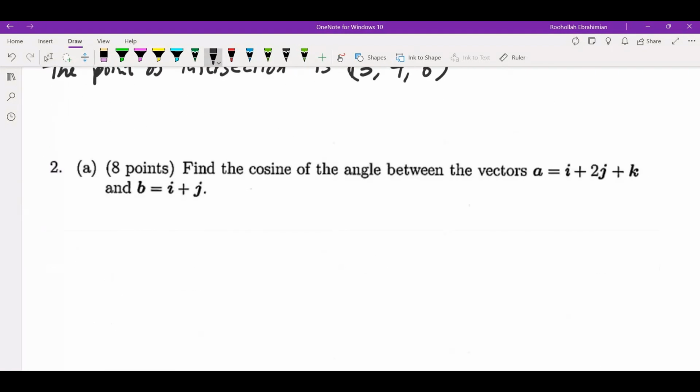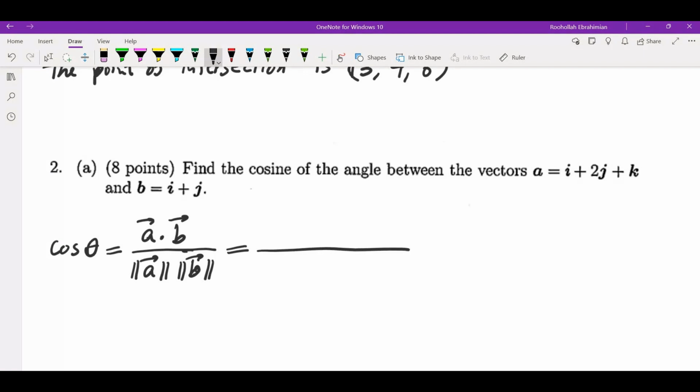Okay, so the next problem. Find the cosine of the angle between these two vectors. So the cosine of the angle is going to be the dot product of the two vectors divided by the product of the magnitudes, because the dot product is evaluated by multiplying the magnitudes and multiplying by the cosine.